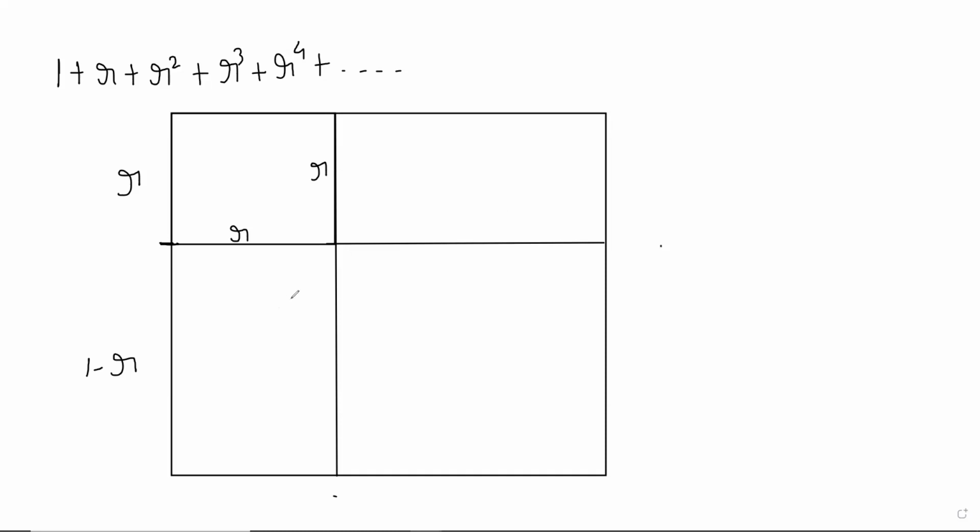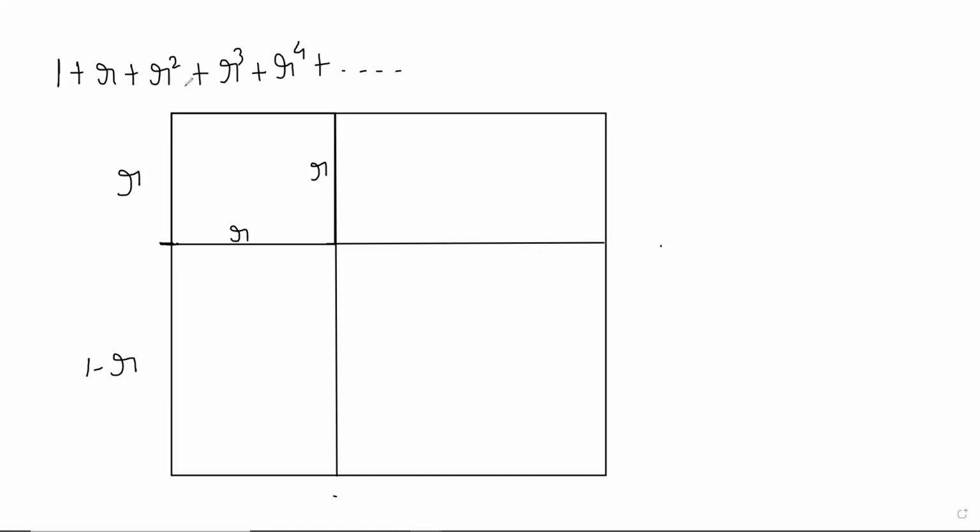Now we have to see some similarity. This one is 1 minus r, and this one is r. We can just do it in this one.